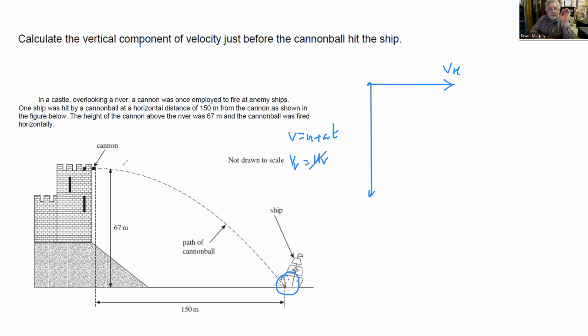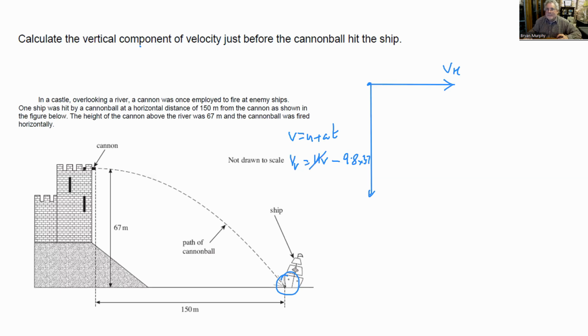The initial horizontal velocity is not 0, but the initial vertical velocity is 0, minus 9.8 times 3.7. There we go. In your calculators, you get a value for the vertical velocity to be negative because it's going downwards.